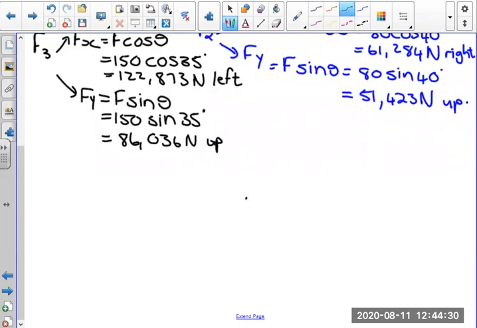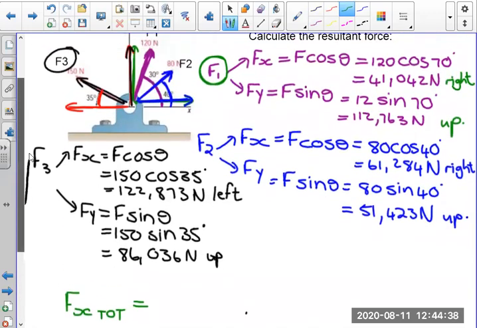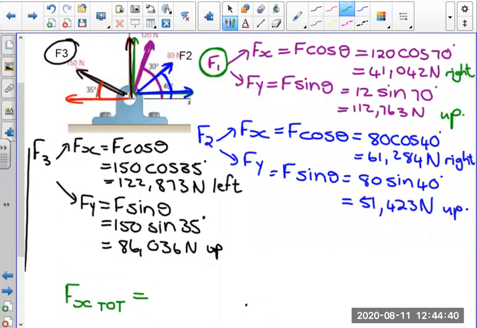I'm going to say Fx total. That's what I'm going to work out. Now that's why it was important to write down to the right or to the left for the x and the y component, or upwards or downwards. Because I'm going to choose, and you can choose your direction, but I'm going to choose to the right as positive.